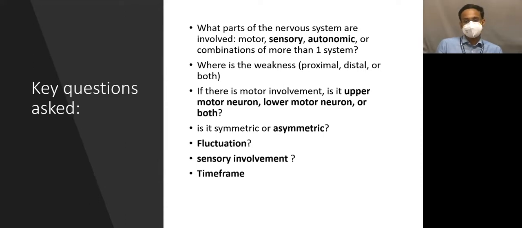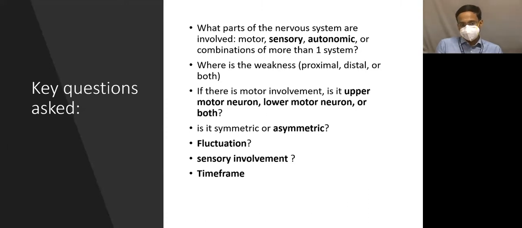Is the presentation and the progression of the weakness symmetric or asymmetric? Is there a fluctuation in the weakness over time, days, weeks? What is the tempo of progression of the disorder? Is it rapidly progressing, slowly progressing, or now plateaued and not progressing at all?